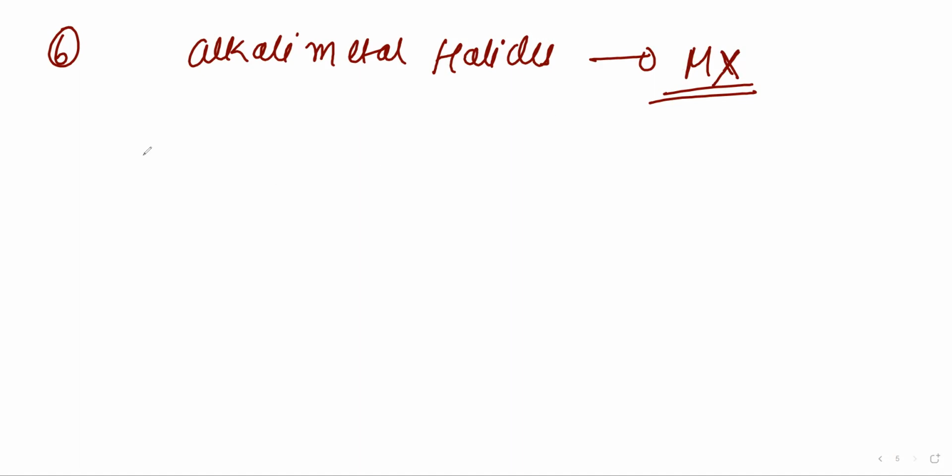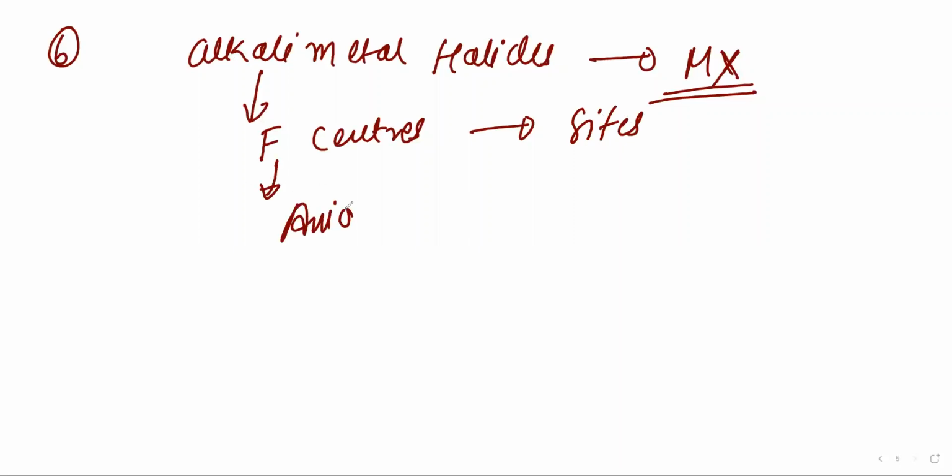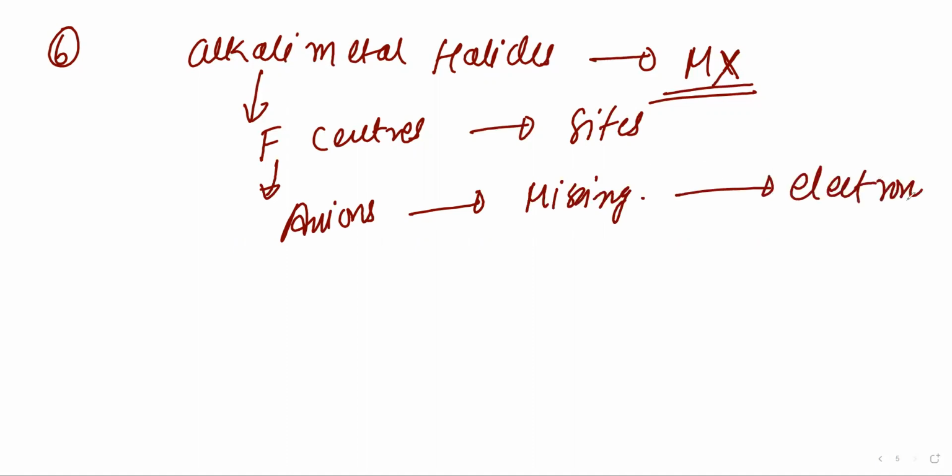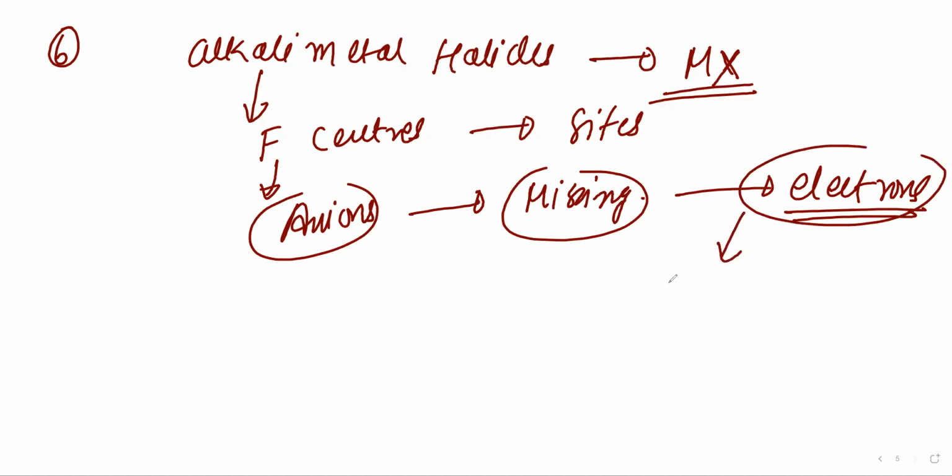So F centers are the sites where anions are missing, and instead electrons are present. So the electrons are responsible for producing the color of the compound.